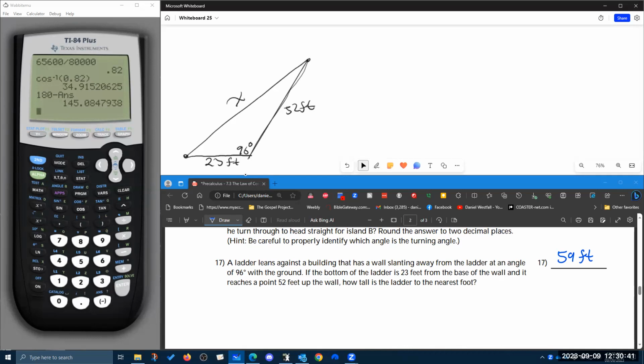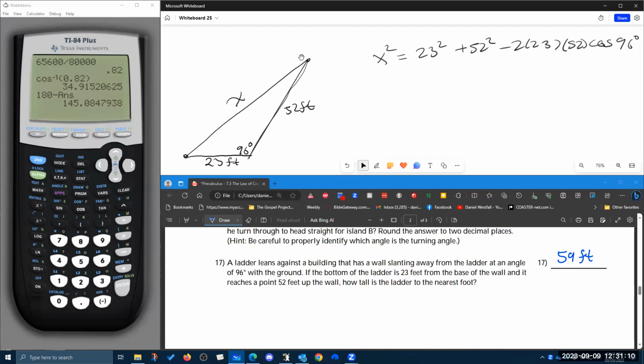So we have a side angle side situation. We have x squared equals first side squared plus second side squared minus 2 times the product of those two sides times the cosine of the angle between those two sides.